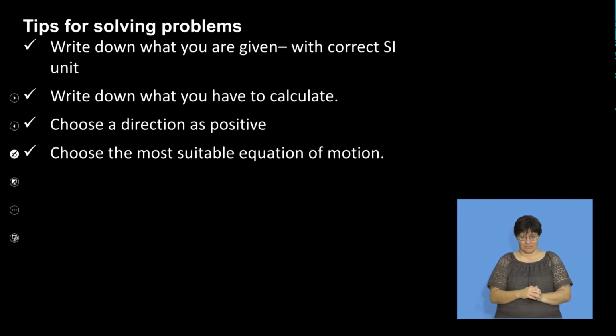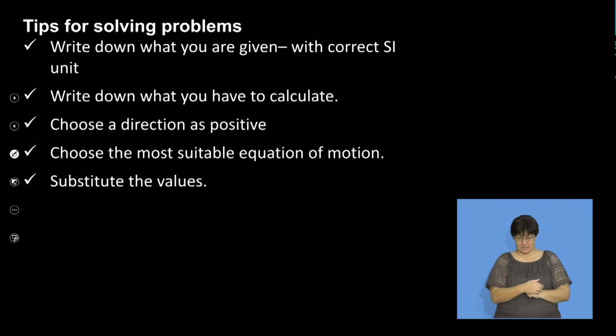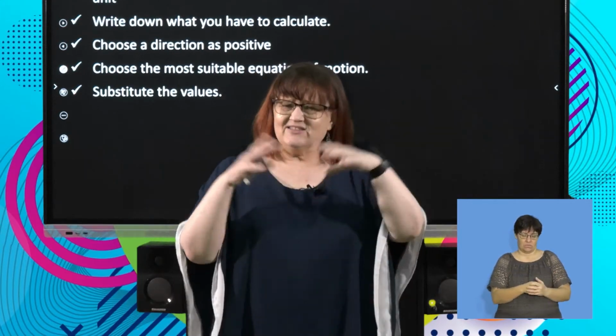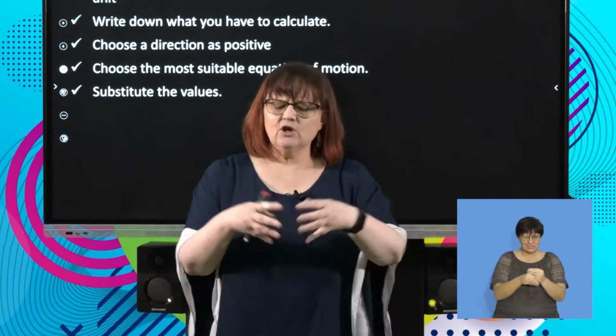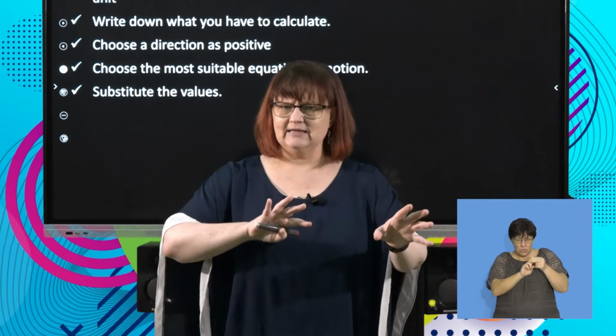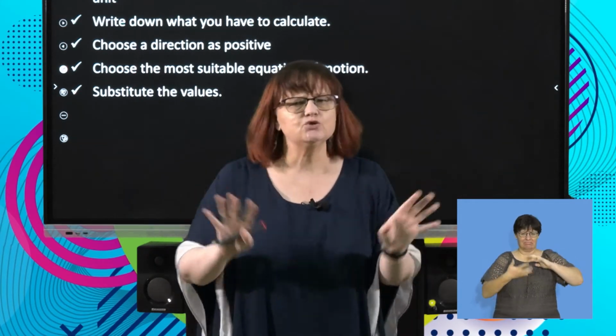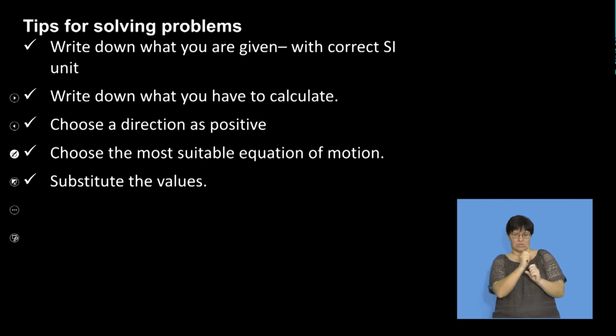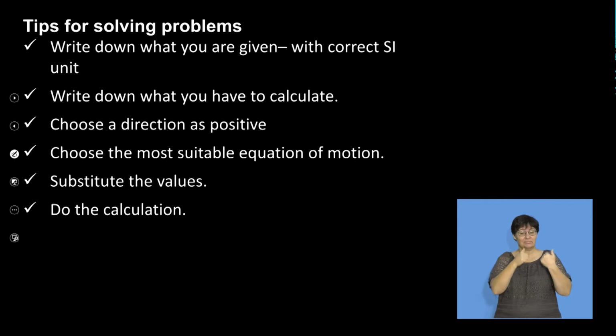You must choose the most suitable equation of motion, and we've got 4 to choose from. Substitute in the values. Don't substitute in the units, just because it gets very messy. These are quite complicated equations, so if you've got all the units in it, it just gets messy. Just use the numbers, okay? Then do the calculation.